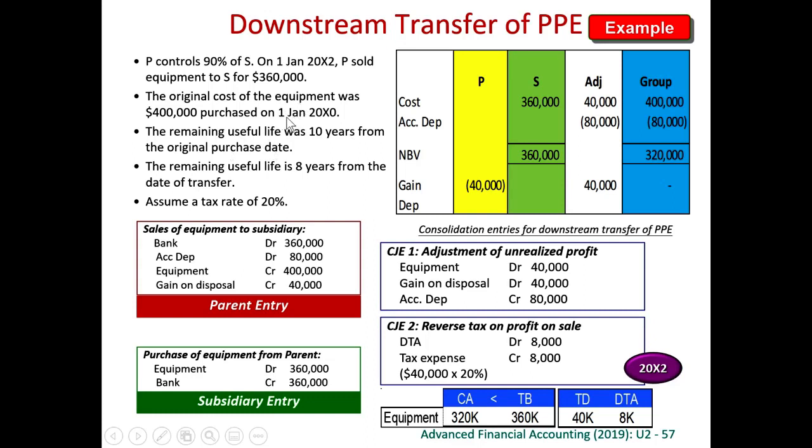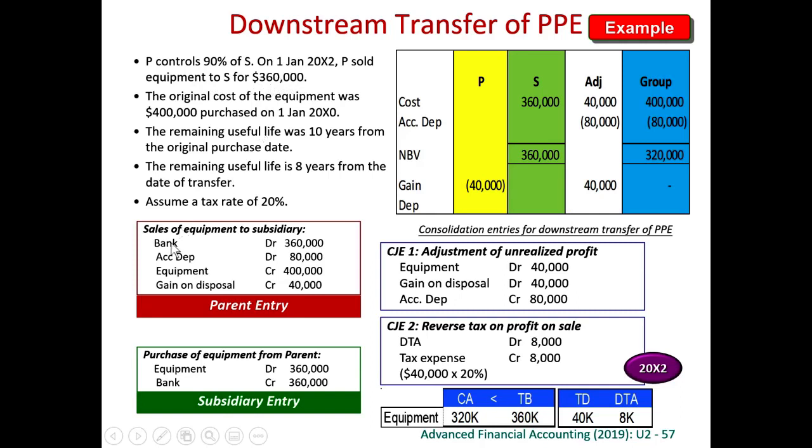So the purchase day was 1st of January 2000. Therefore, at the day of the intra-group transaction, it was 2 years old, and therefore the remaining useful life is 8 years from the day of the transfer, assuming a tax rate of 20%. So we understand that P sold the equipment to S for $360,000.